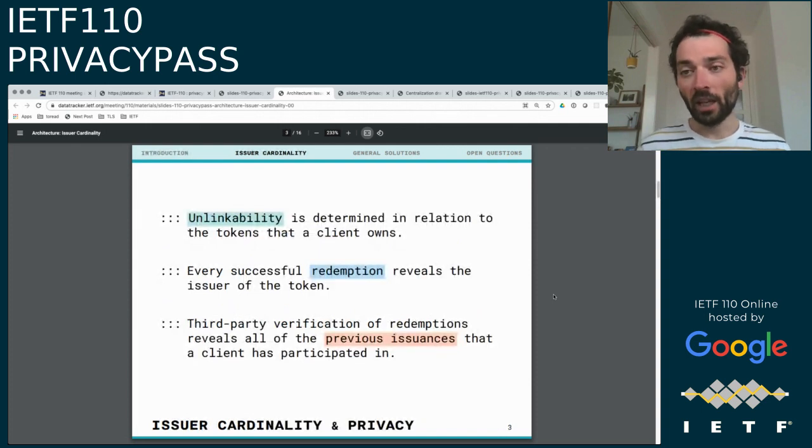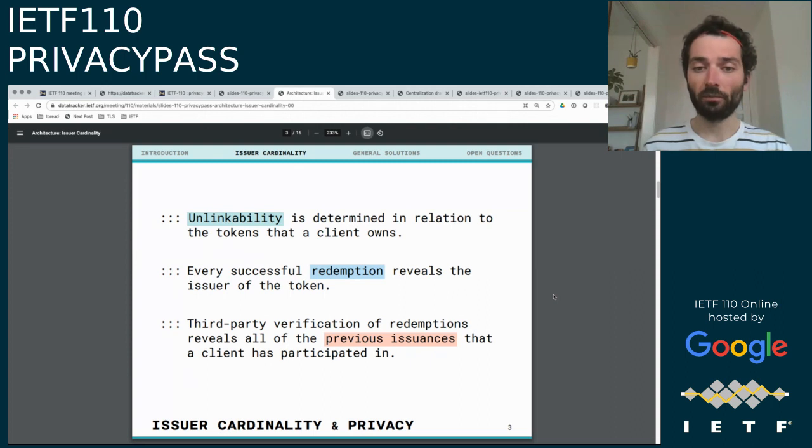So in this particular talk, I just want to raise a particular issue, which is still open in the draft, which relates to the number of issuers that are allowed in a Privacy Pass ecosystem, or the issuer cardinality. So the unlinkability of a client essentially rests upon the redemptions that it participates in, because a redemption, if it succeeds, reveals a valid token that the client holds.